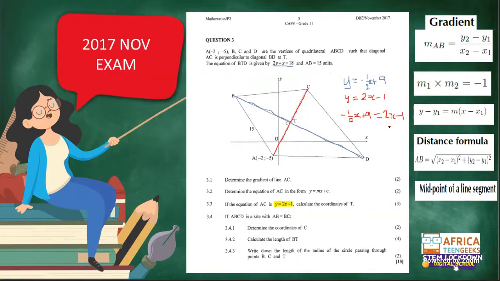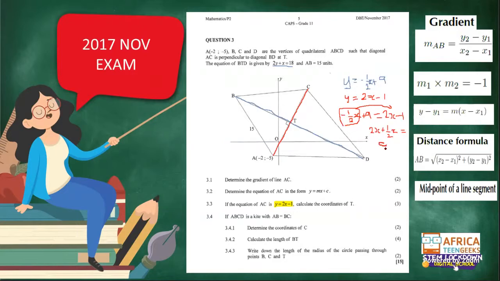So we will group the like terms. In this case, we'll have 2X minus, so when this term goes to the other side, it will be plus half X. Then this would be equal to, so this term went to join our 2X, then the 1 will join the 9.